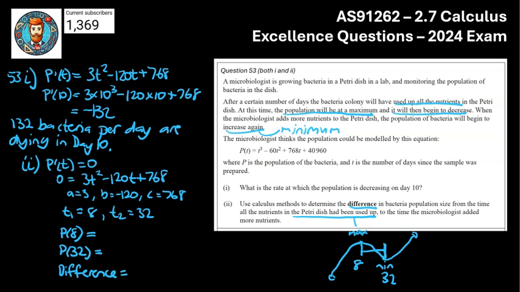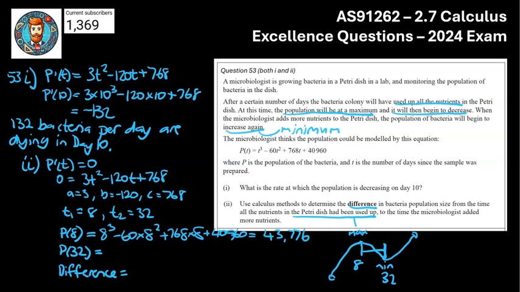So t cubed is going to become 8 cubed, minus 60 times t squared, which is going to become 8 squared, plus 768 times 8 plus 40,960. When I do all of that, I got 43,776. So it's quite a lot of bacteria.